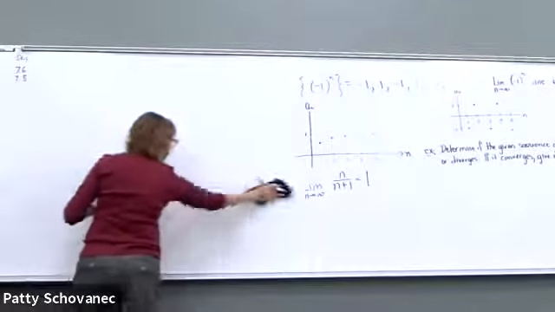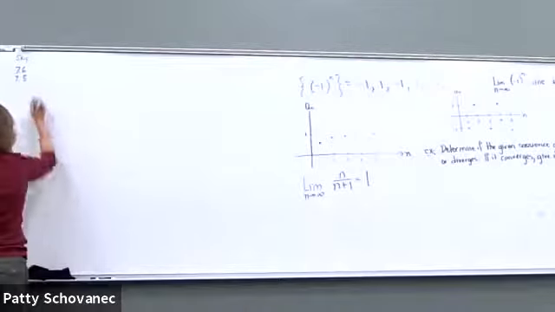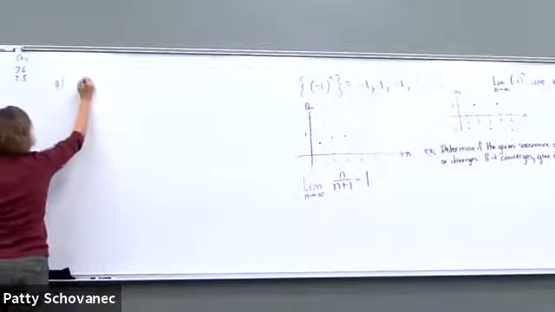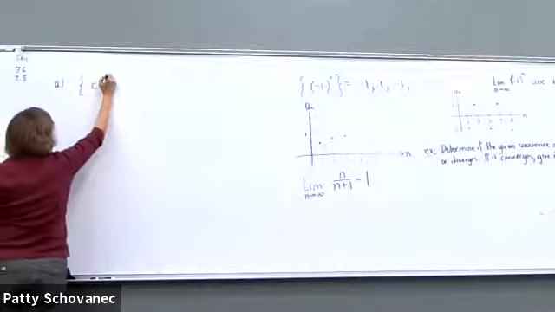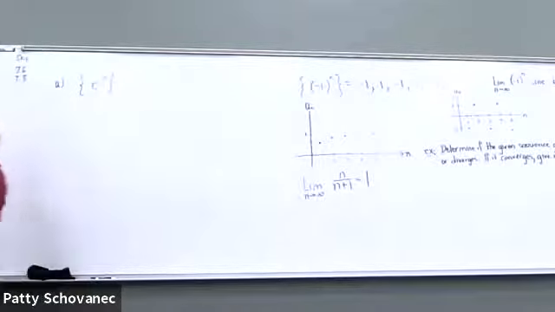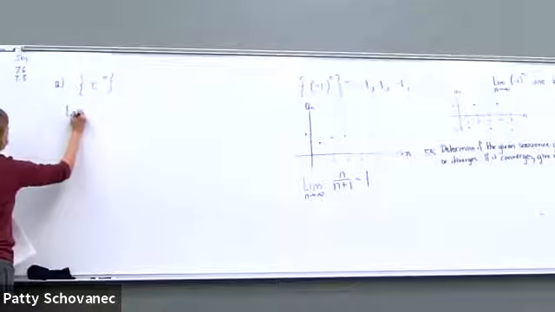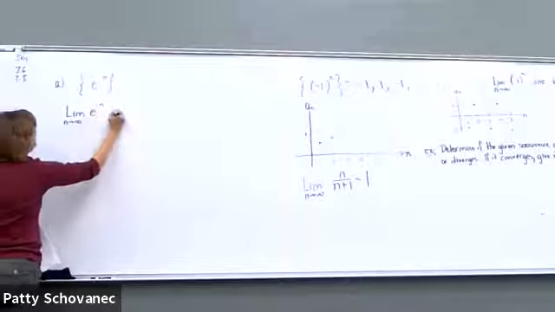I'm going to give you the general term. So that looks like the list of numbers: e to the -1, e to the -2, e to the -3, e to the -4, and so on. Does this limit exist?